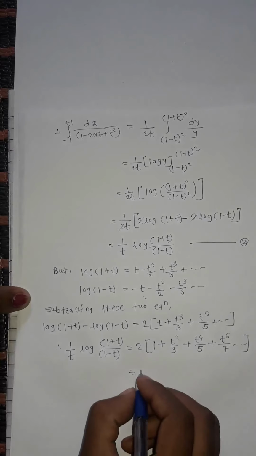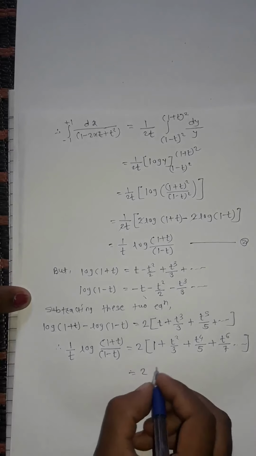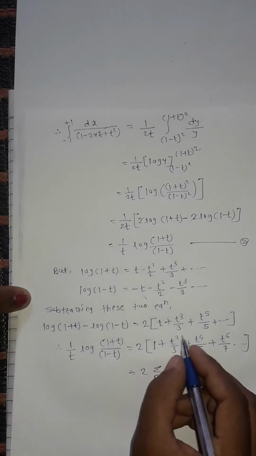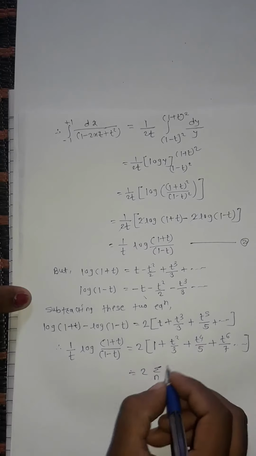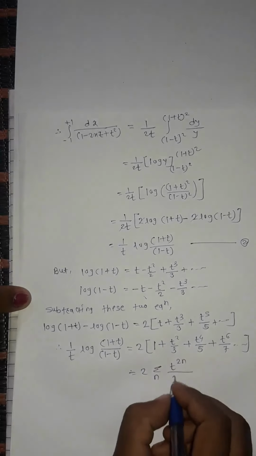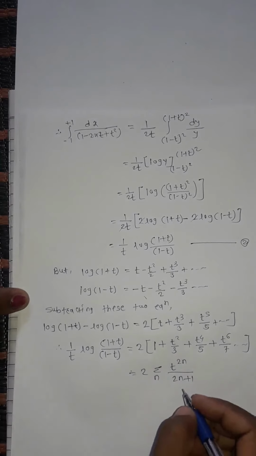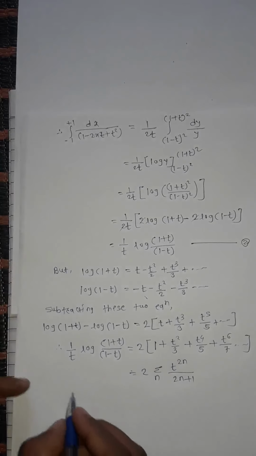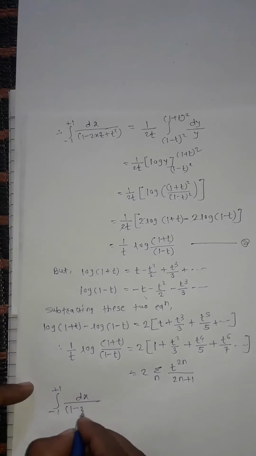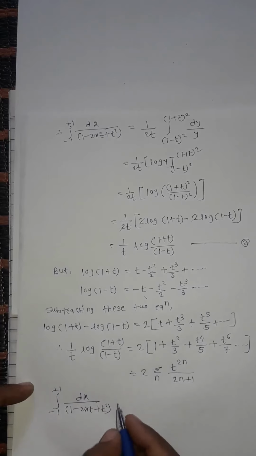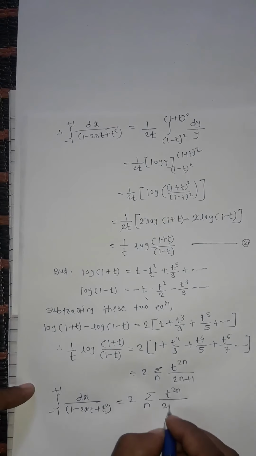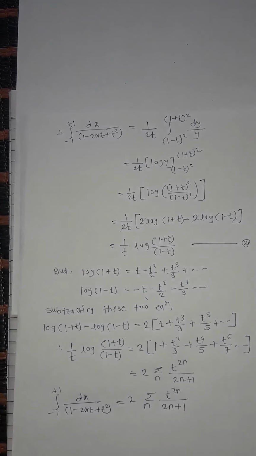That must be equal to 2 into summation over n, and we can write this series as t raised to 2n upon 2n plus 1. Therefore integral over -1 to +1 dx upon 1 minus 2xt plus t square is equal to 2 into summation over n t raised to 2n upon 2n plus 1.